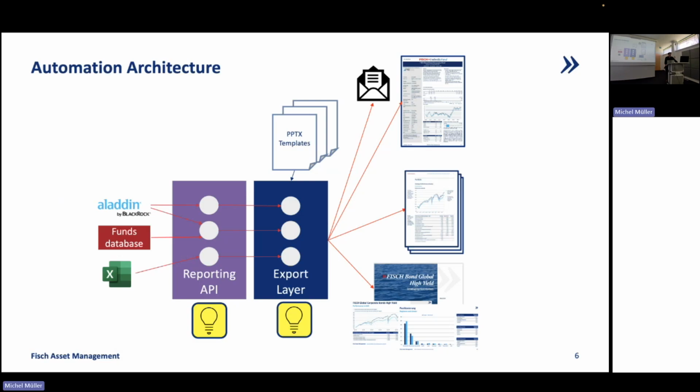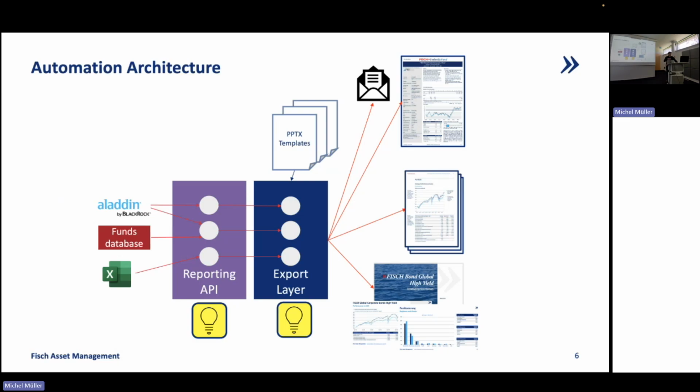We have our own, I'm calling it funds database here. For most of you, this probably will still be familiar as Fish Tank. This is basically our legacy data warehouse where we previously had all our data. And nowadays, it's mainly funds static data, as well as NAVs that are in there.